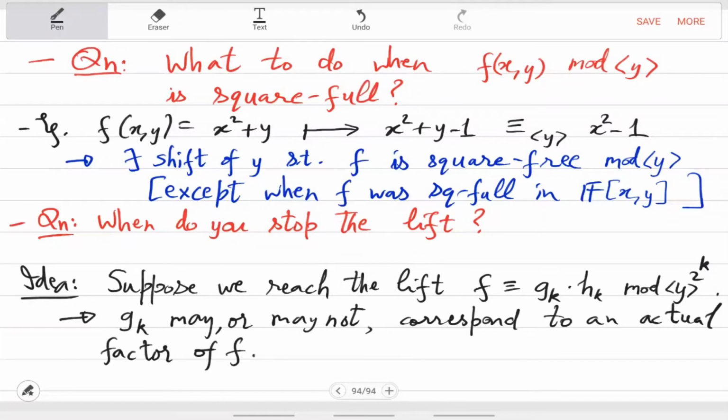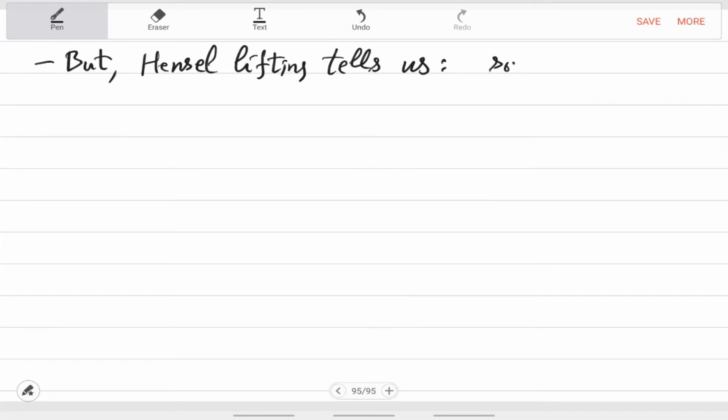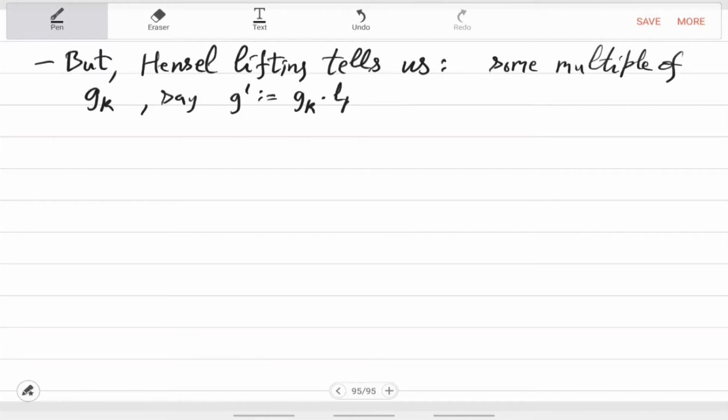But what the Hensel lifting theorem tells you is that some multiple of gk, say gk times lk, is a factor of f. Is this point clear? Do you see we need to talk about a multiple of gk instead of gk itself?